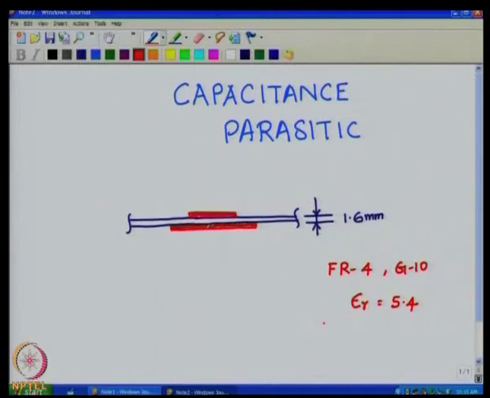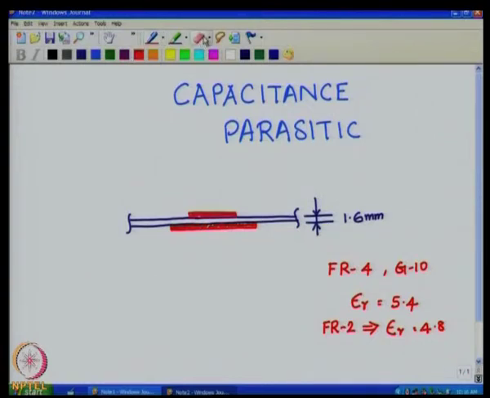And if it is FR2, FR3 type of board, you have an epsilon r of around 4.8. So, it will vary from board material to board material, but they are the order of magnitude that you would come to experience with the most common boards.